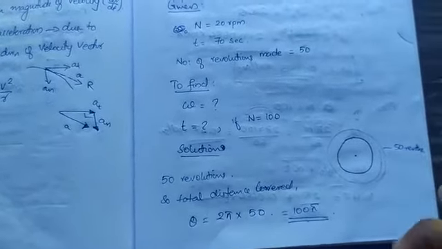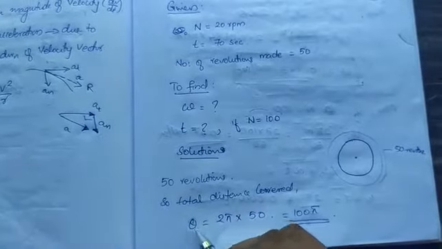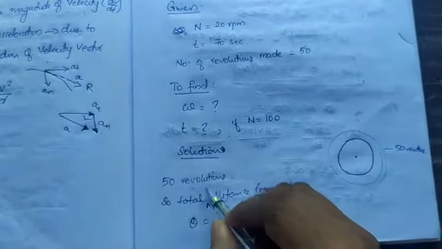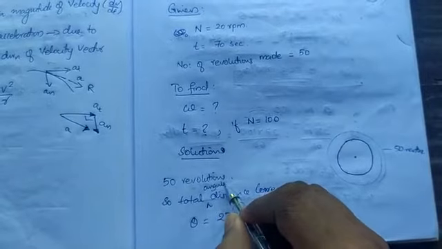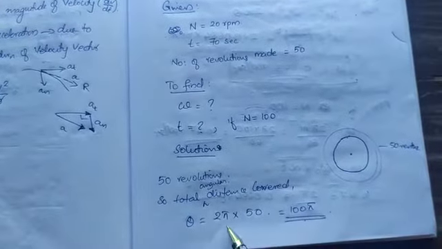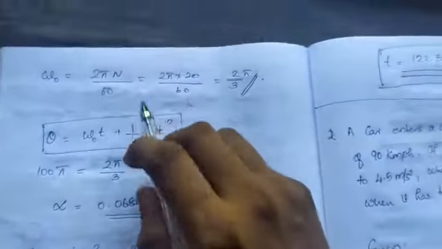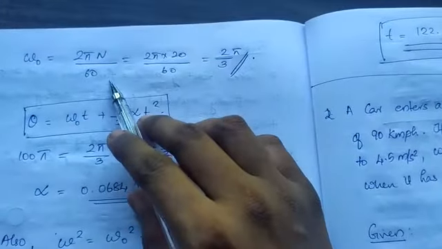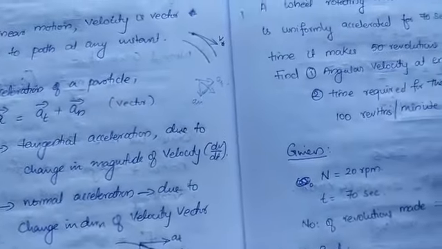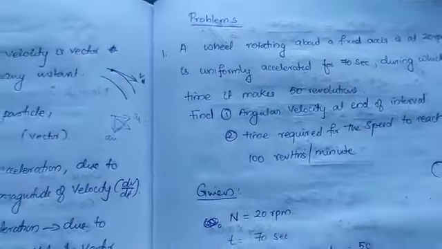So this is the total angular distance covered, theta is equal to 2 pi into 50, which is 100 pi. Now the initial angular velocity is 2 pi n by 60.